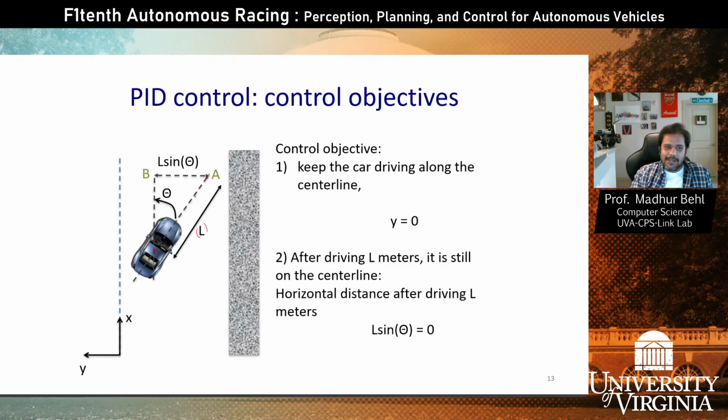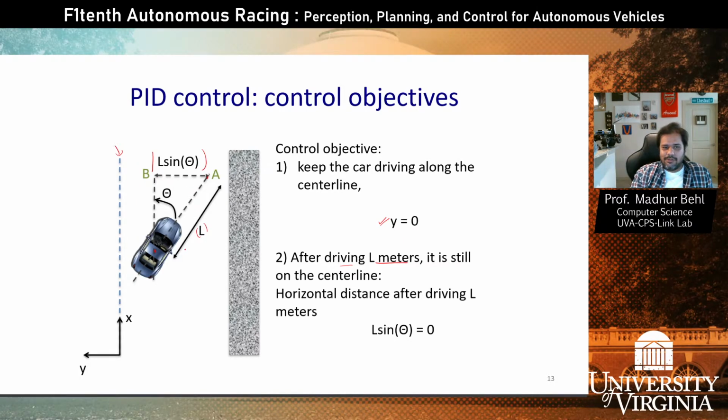And then we can say what we want is not only that Y should be 0, meaning that you are on the blue line or the center line in this case, or the desired trajectory, but after driving L meters, you don't want any horizontal offset, right? So you want this L sine phi to also be 0, which means AB should be 0.